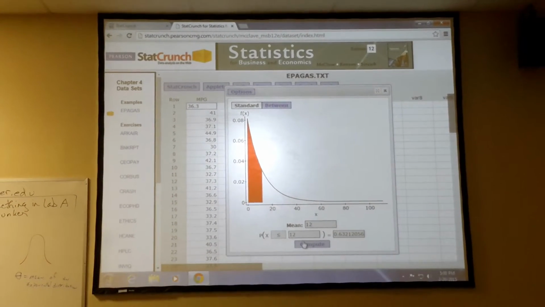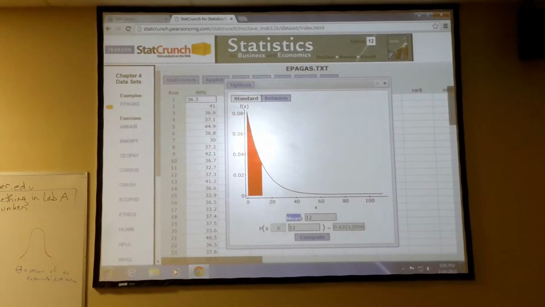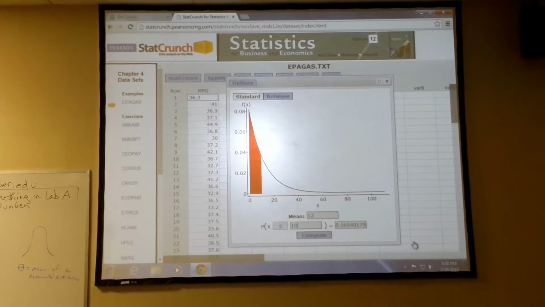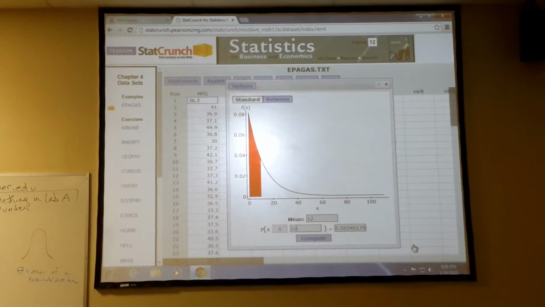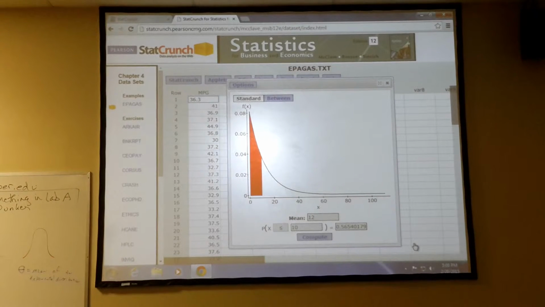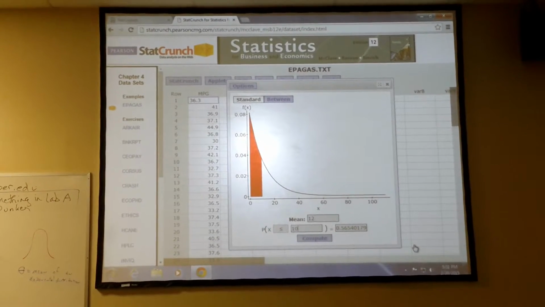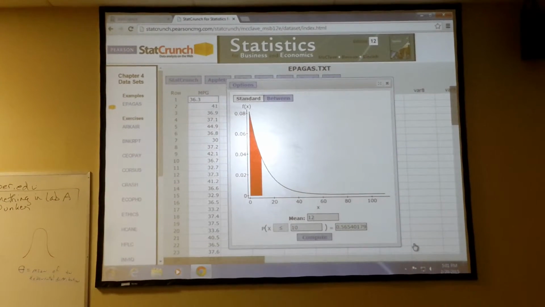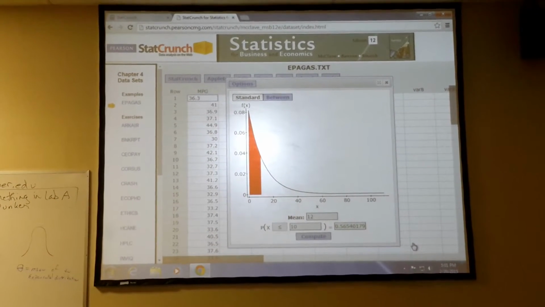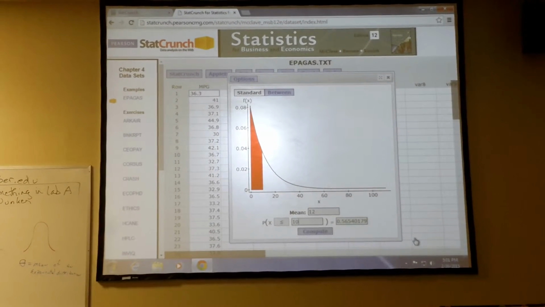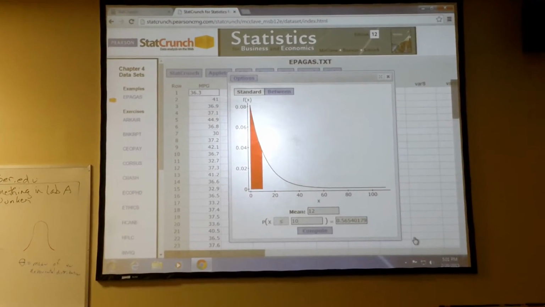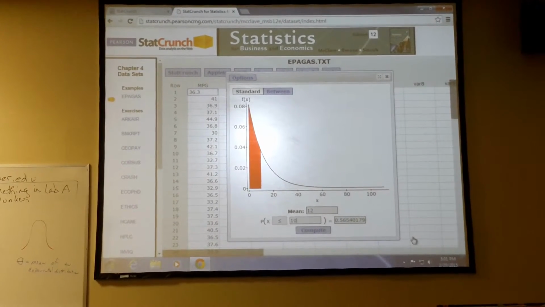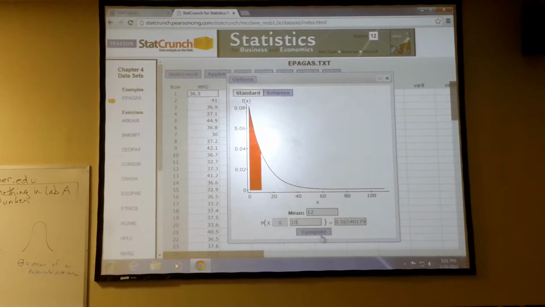In fact, if we looked for 10 minutes, even something that's quite a bit below the mean, we still have almost 57% getting through 2 minutes shorter than the average time. Then you're going to have people like me who have a fake knee and always get pulled aside. You're going to have to go through the wand or the extra pat down, and it's going to take longer. So you're going to have a percentage of the people who are going to end up taking quite a bit longer than the mean.